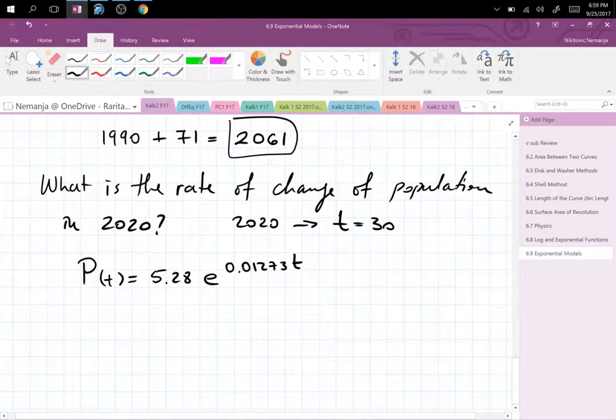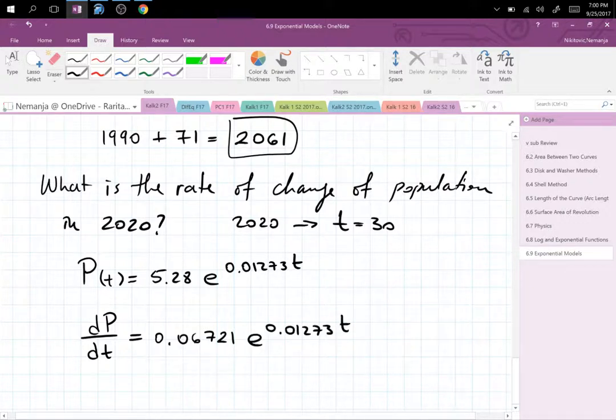Now, taking the derivative of an exponential function, you will just multiply these two numbers. So dP/dt, which is the change of population in time, the derivative, is going to be these two numbers multiplied. So let's see. 5.28 times 0.01273 to give me 0.06721 e to the 0.01273 t.